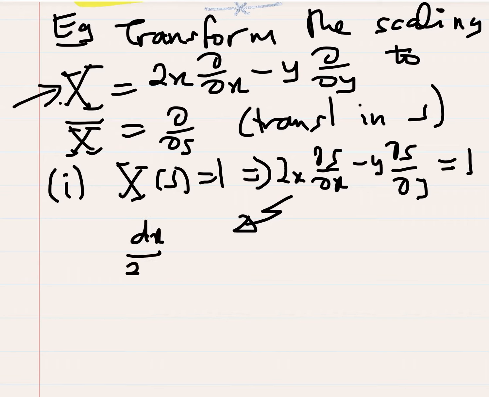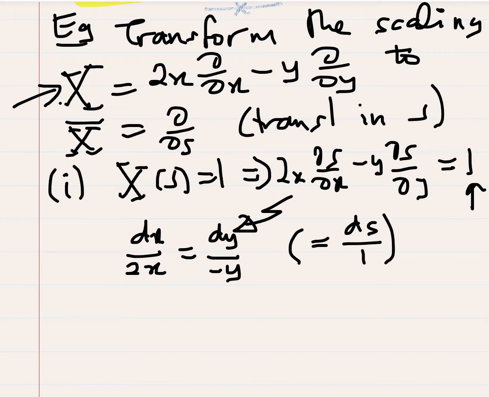So this will be dx over 2x equals dy over minus y equals ds over 1. And again, because we just have 2 variables, we require 1 independent invariant, and you always require 1 dependent invariant. So ds is over that one there.